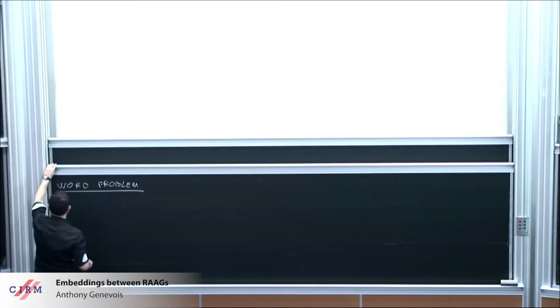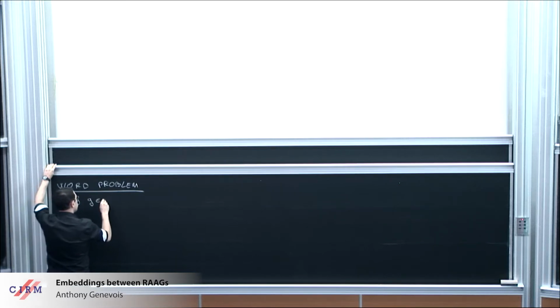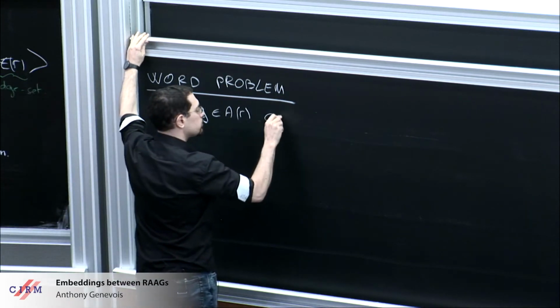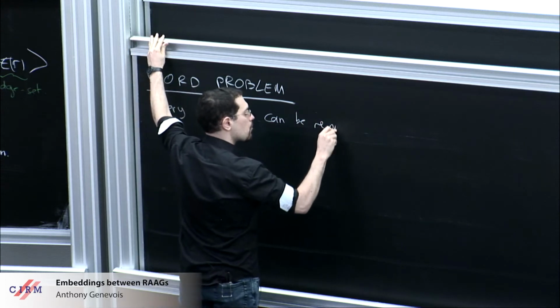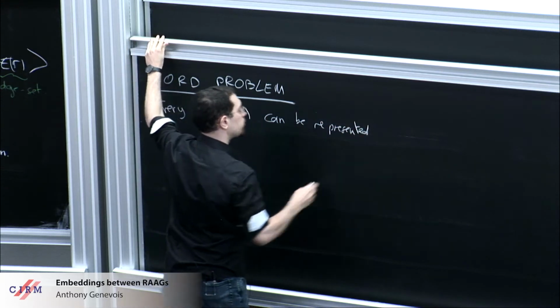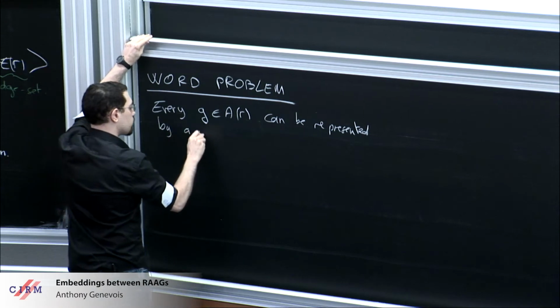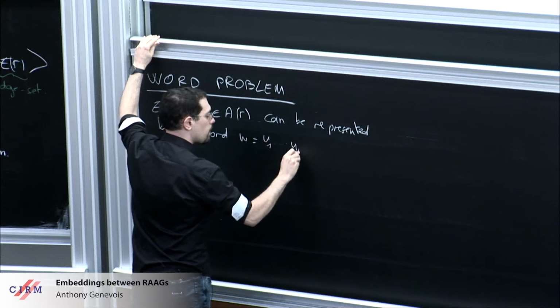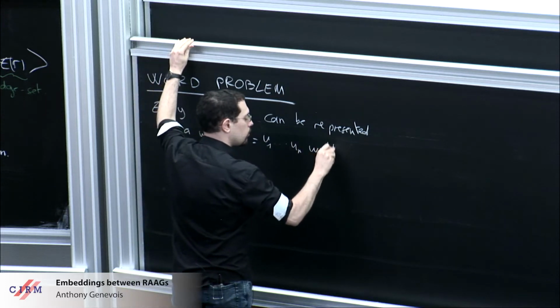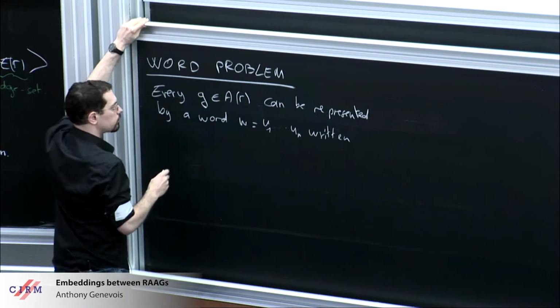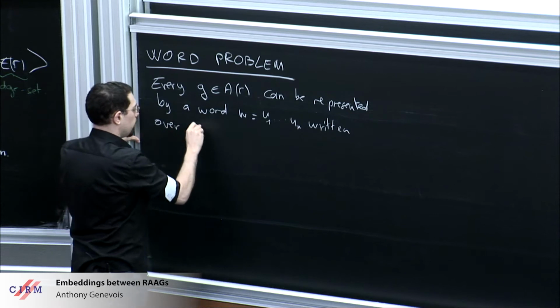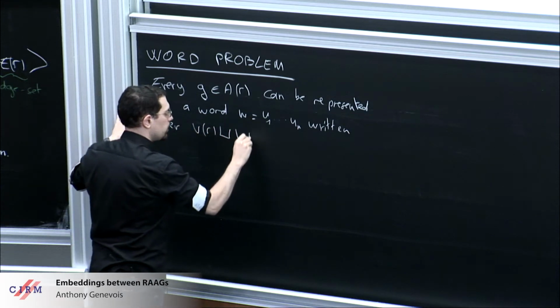Every element g inside my RAAG A gamma can be represented by a word, say w, written over V gamma union V gamma inverse.